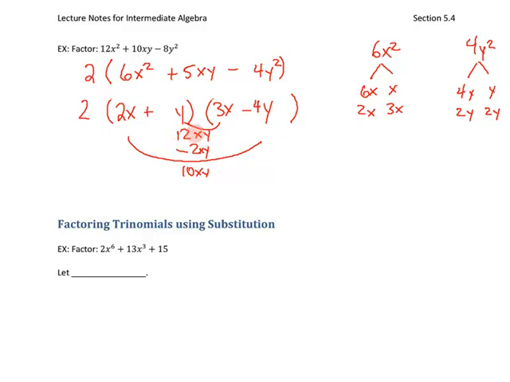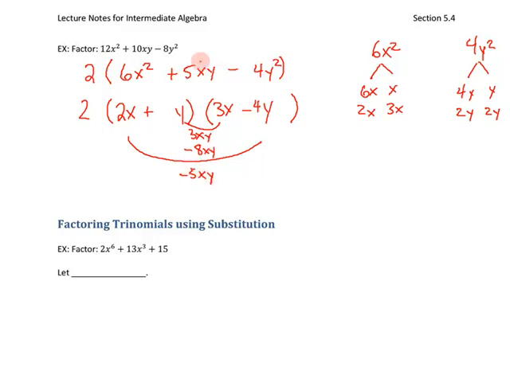The outside gives me 2x times minus 4y, which is minus 8xy. The inside is 3xy. So 3xy and a minus 8xy is minus 5xy. Alright, we're close.